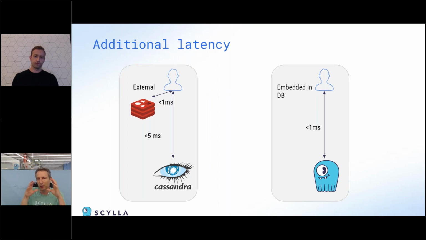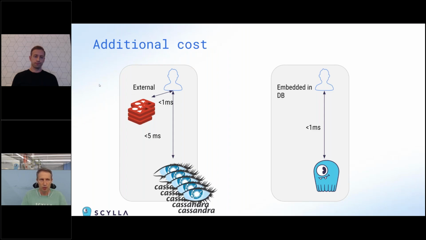If you are running in the same zone as the database and you get good latency from the database, adding another hop, especially if you go first to the cache and then to the database, even if it's not Cassandra, even if it's Scylla here, you still have another hop in the network, another processing. So actually you are trying to save latency, but you are adding latency. So that's one reason that an external cache might hurt you.